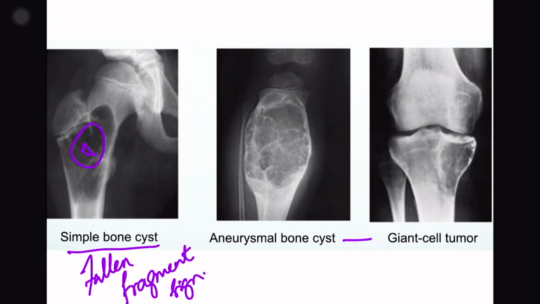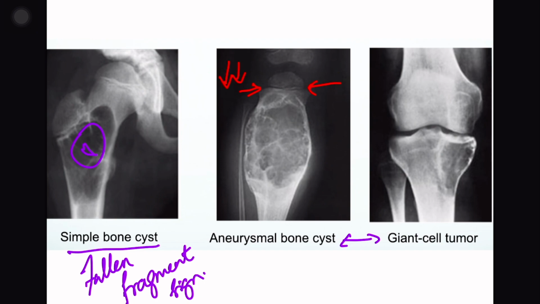And between aneurysmal bone cyst and giant cell tumor, there are certain subtle changes which will give us the diagnosis. In aneurysmal bone cyst, the physis will not be closed; it will be open, which means that the age is very young.